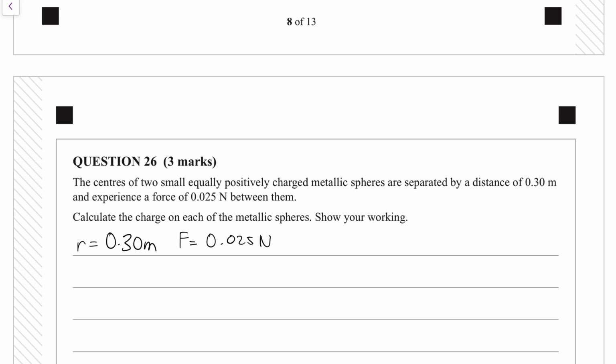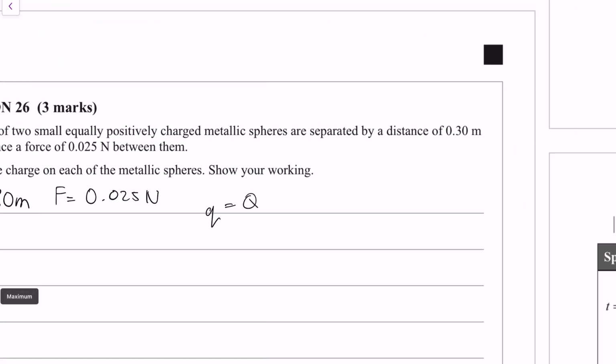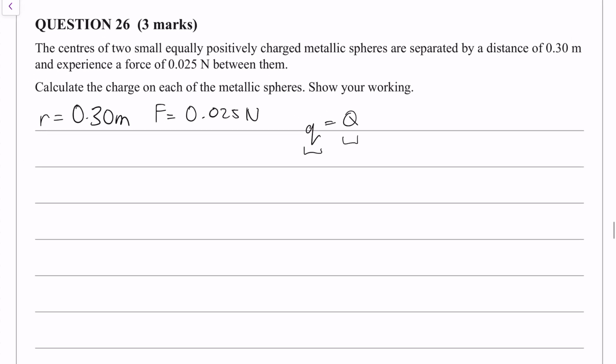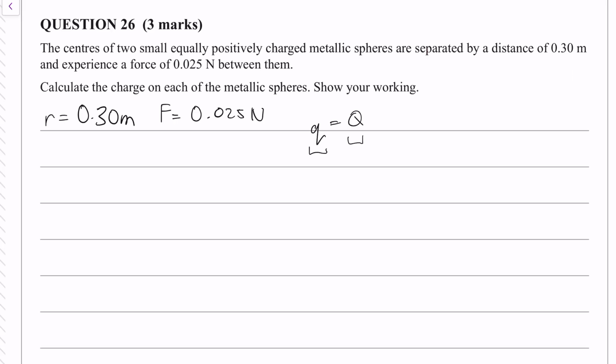We know that we have two small equally positively charged metallic spheres. Okay, so that means that Q is equal to big Q. If we think of these two charges, they're different but essentially the same. So if we draw a diagram, we have two of the exact same equally positively charged metallic spheres.